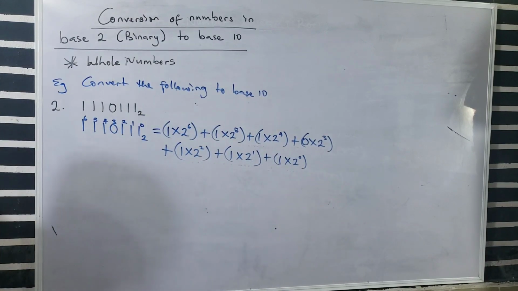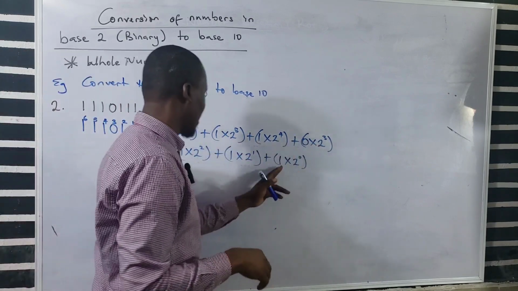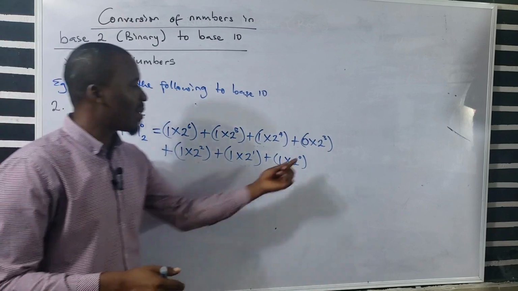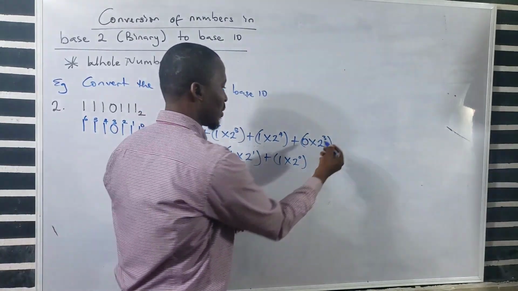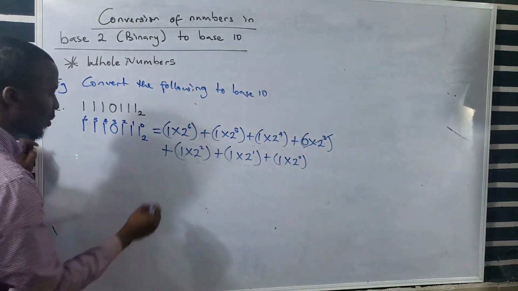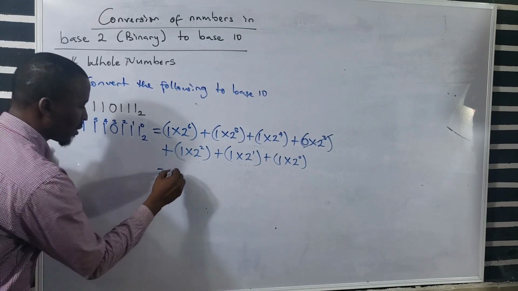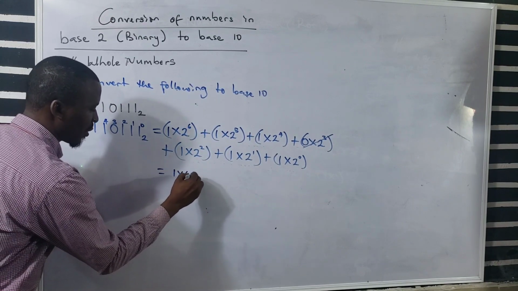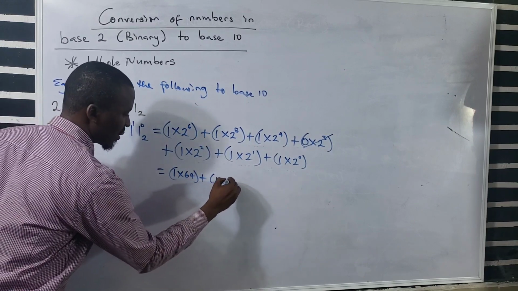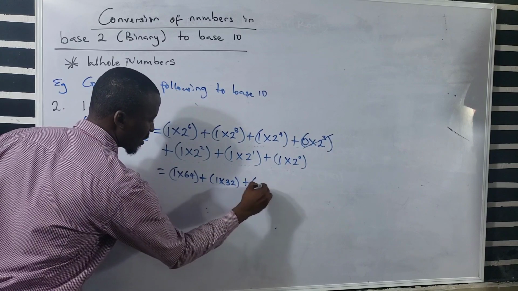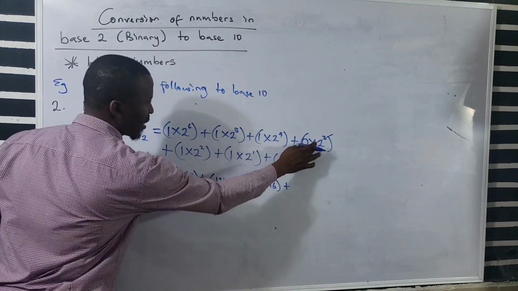Okay, so in each of the brackets we have, we are going to simplify and get a single number. Okay, remember what we did here. Whenever you multiply by 0, that will give you 0. So this one can cancel out. So I'll have 2 raised to power 6 will give us 64. So I have 1 times 64 plus 1 times 32 plus 1 times 16 plus this is 0.